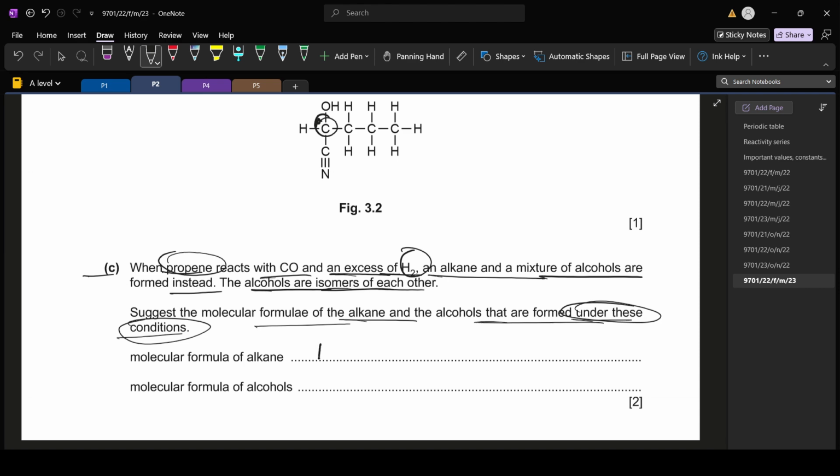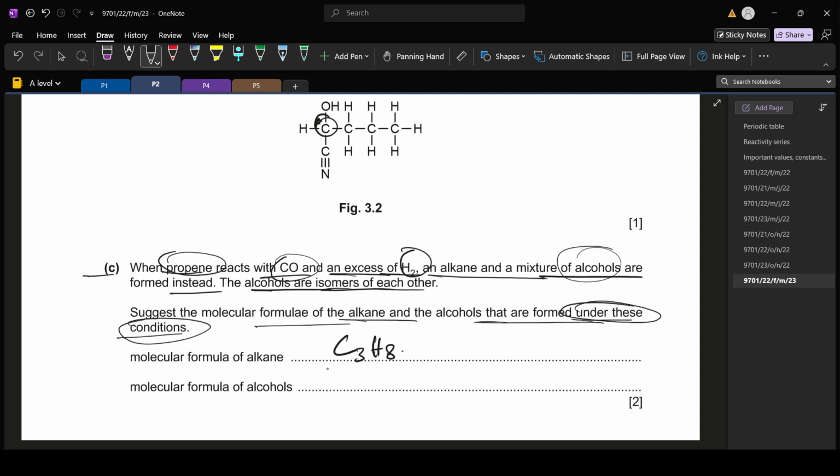You have to write the molecular formula. Propane has a molecular formula of C3H8, and when propene reacts with carbon monoxide, it forms alcohols. So the alcohols must have one more carbon.